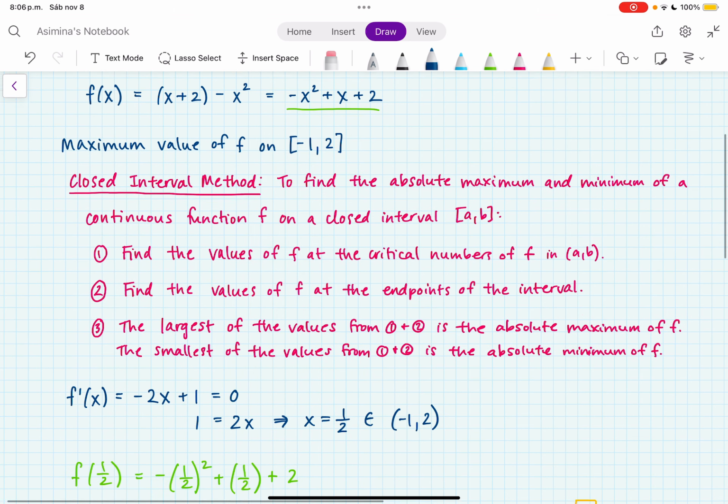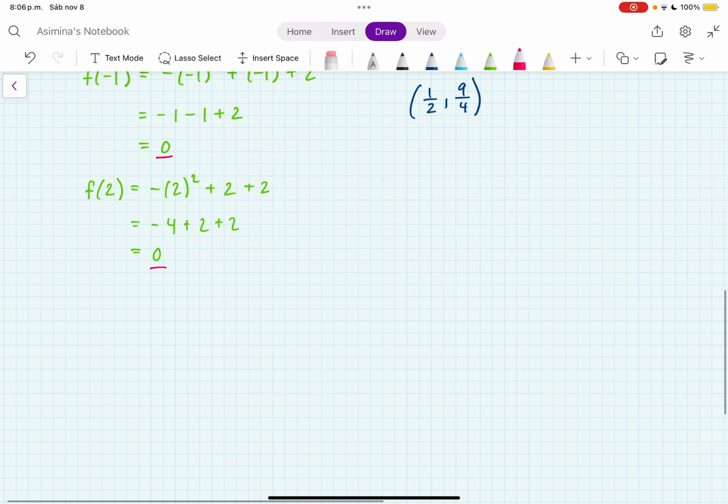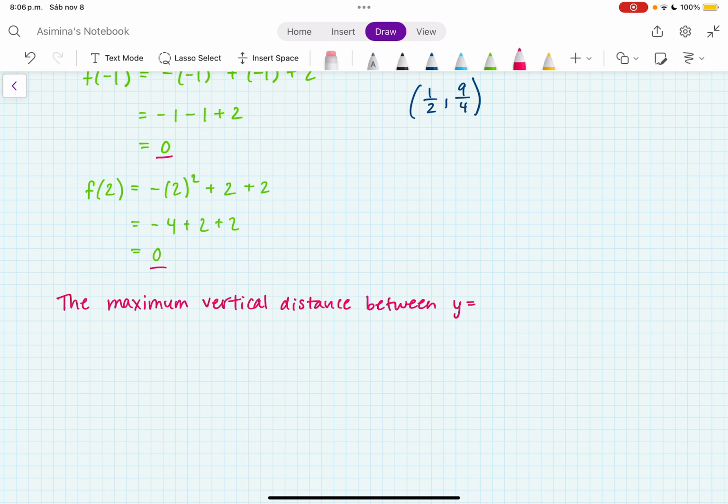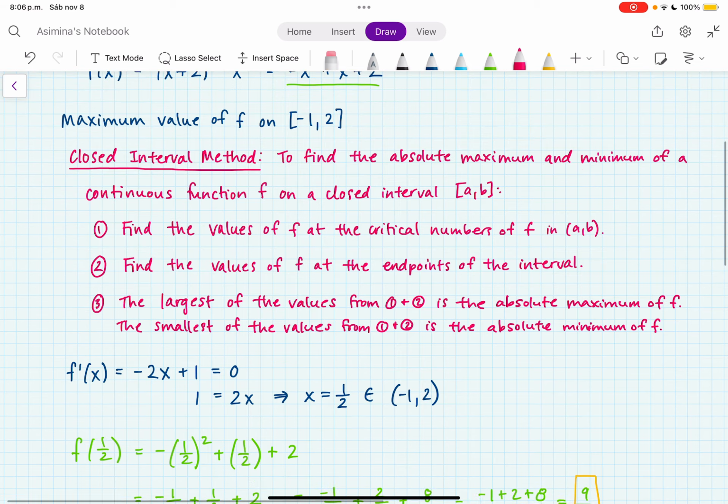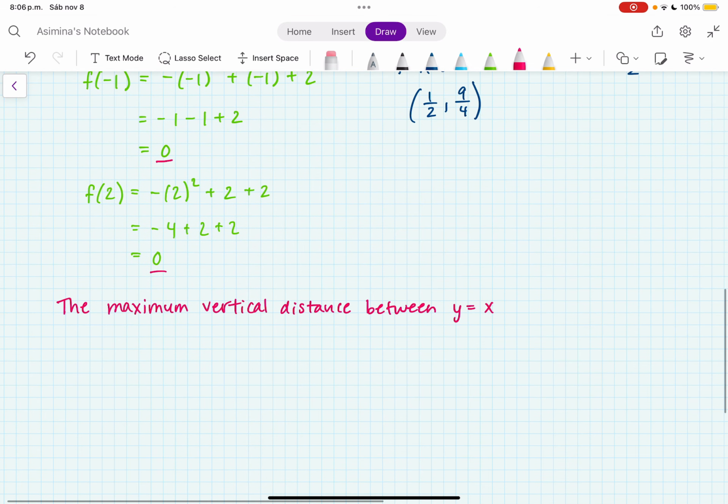So what our answer tells us is the maximum vertical distance between y equals, what was the first curve? x plus 2, and the parabola y equals x squared on the interval (-1, 2) is 9/4. And so now we have fully answered the question.